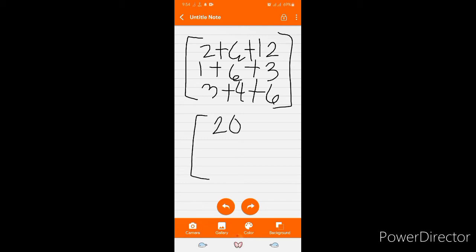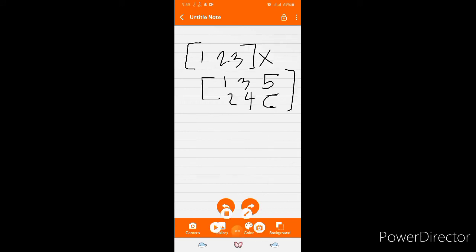Then 1 plus 6 plus 3 is equal to 10. And 3 plus 4 plus 6 is equal to 13. So that is the result if we multiply a row vector and a matrix.